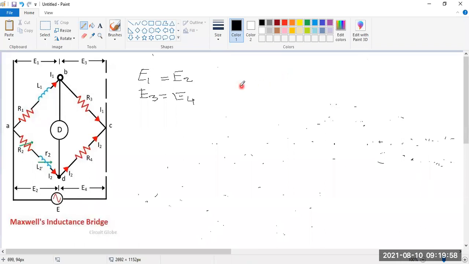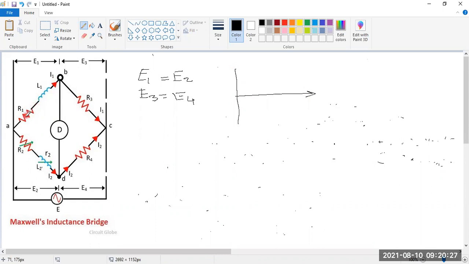Now we are taking this case AB as the reference state. So what happens? Just draw this I. I1 R1, look here, the I1 current is flowing.